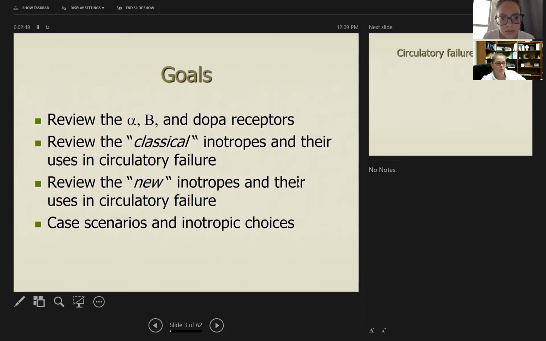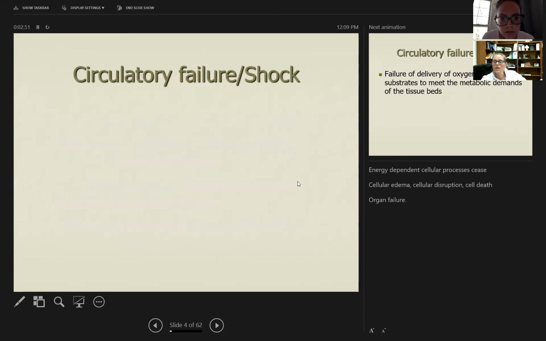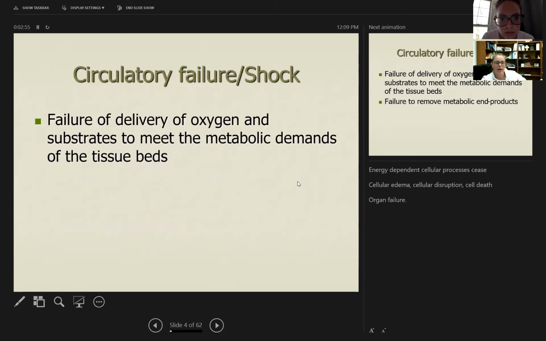So when we think about circulatory failure and shock, what we really have is a failure of the body to deliver oxygen and substrates that meet the metabolic demands of the tissue beds. So it's really all about supply and demand.